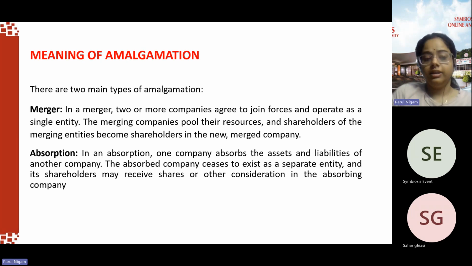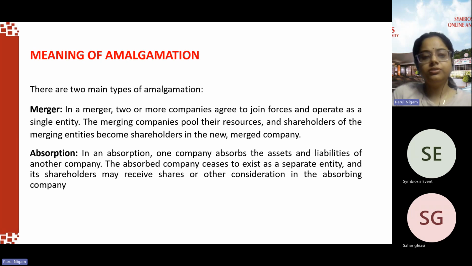In absorption, one association absorbs the other, or the other two, or the other three. For example, A is a bigger association and B is a smaller association. B gets absorbed, so eventually it will be A only, because B has been included in A. So there is the concept of merger and absorption.